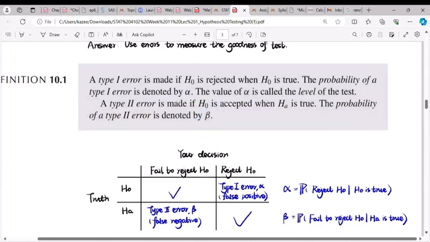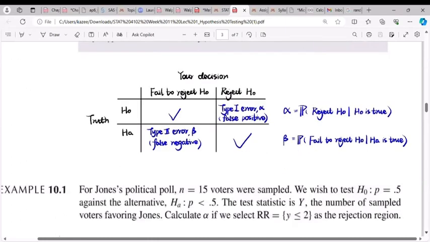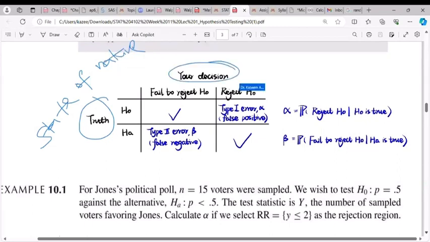Then I need you to take a look at the table here. This is the truth, because nature always knows the truth. Let's call this side the state of nature, and this is your decision.